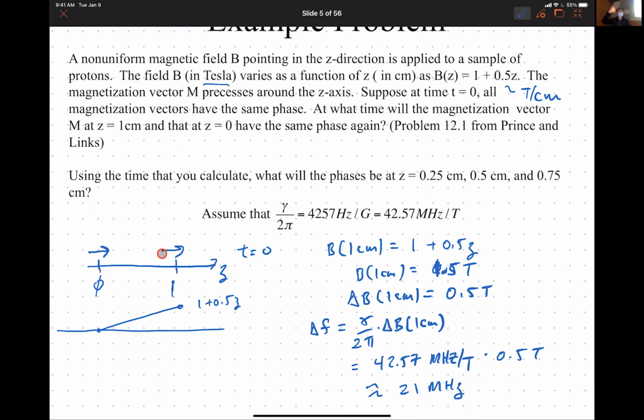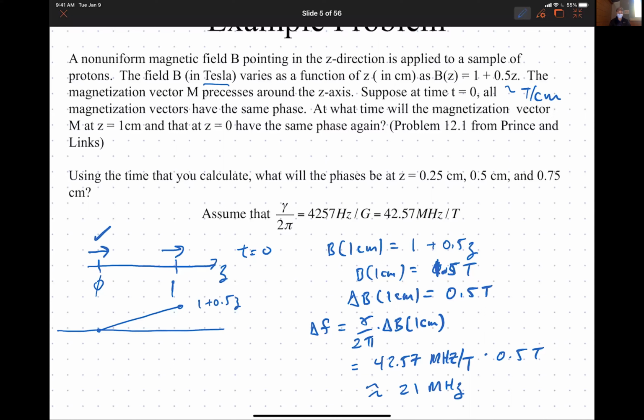The spin at 0 at t equals 0 we can assume is stationary because it's the reference spin. The other spin at 1 centimeter is going to start precessing faster. How long is it going to take to get back to theta equals 0?